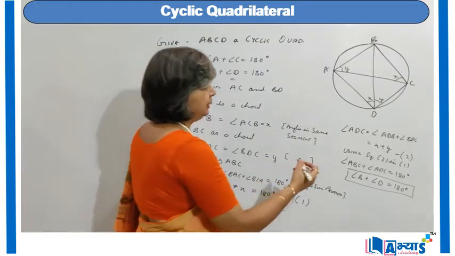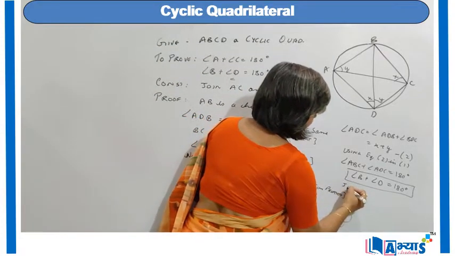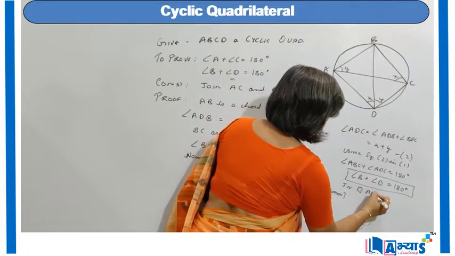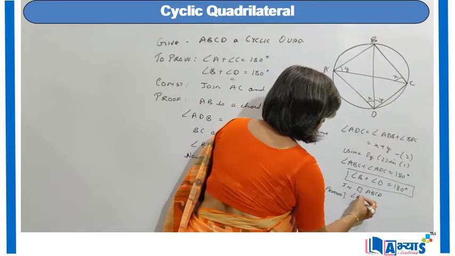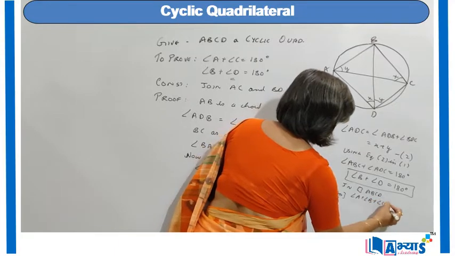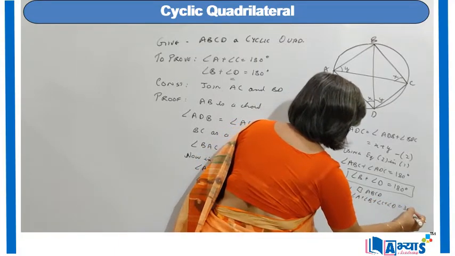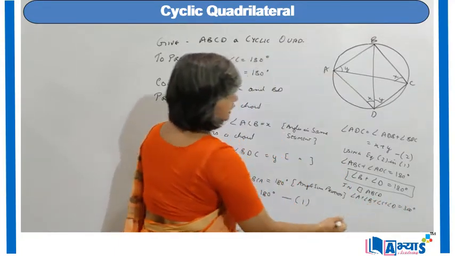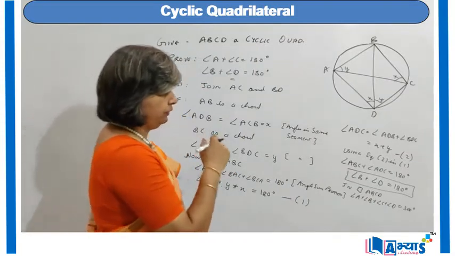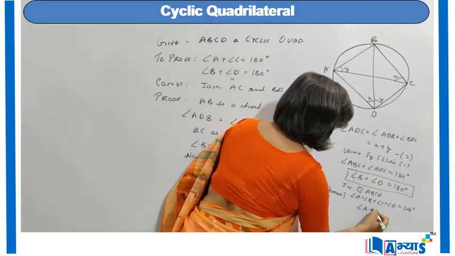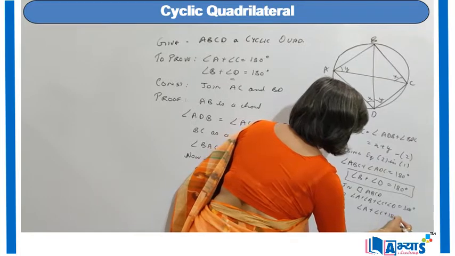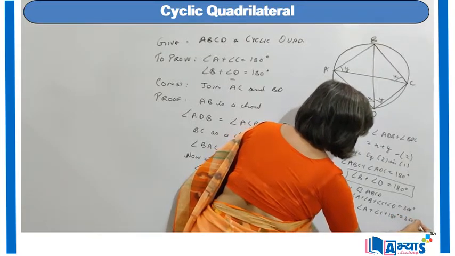Let us take that in quadrilateral ABCD, angle A plus angle B plus angle C plus angle D is equal to 360 degree, and we know that B plus D is 180 degree. So we can say that angle A plus angle C plus 180 degree is equal to 360 degree.